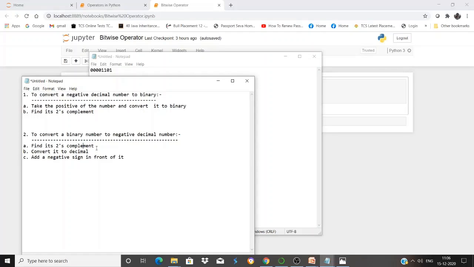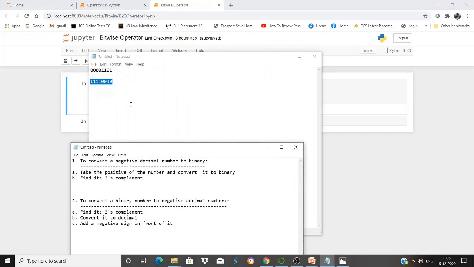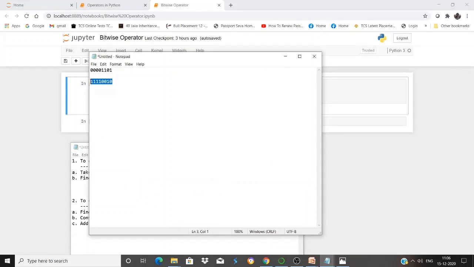First we find the 1's complement of this binary by flipping the bits of the binary like this: 00001101.